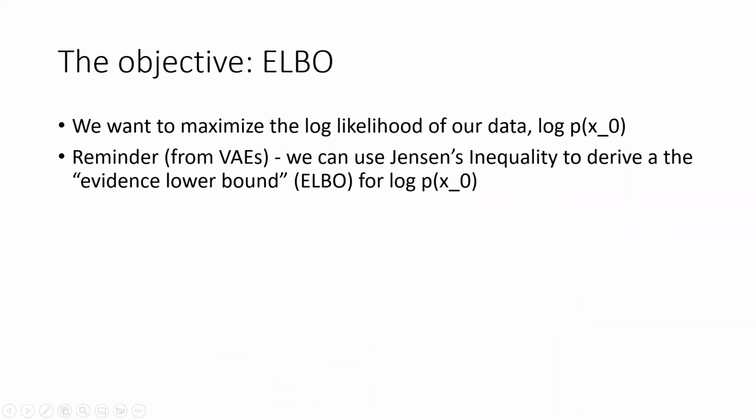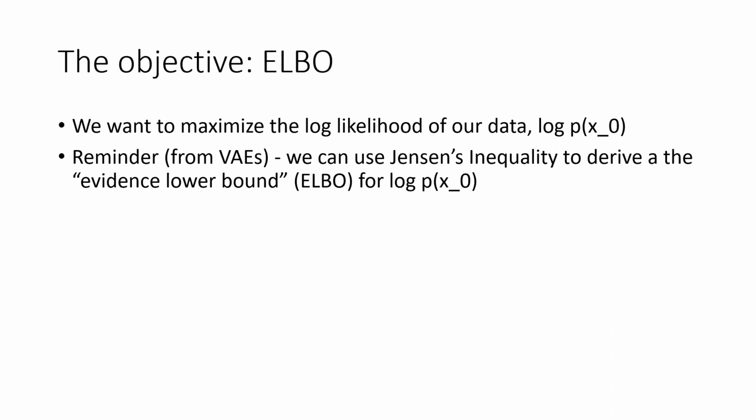Okay, so what is our objective to learn this reverse diffusion process? Well, we are going to use the maximum likelihood objective for our data and use a very similar objective to what we looked at for variational autoencoders. So as a preview, we can use Jensen's inequality to derive the evidence lower bound for the log probability of our data.